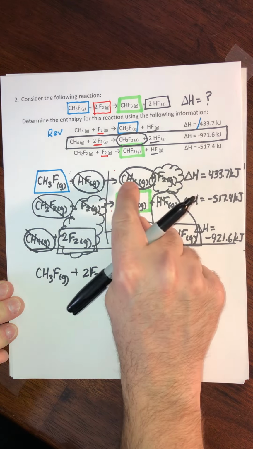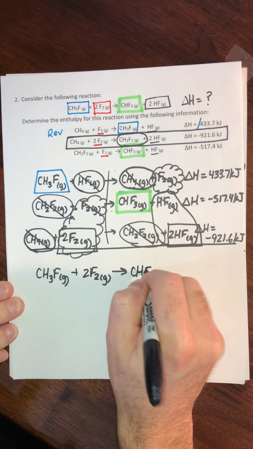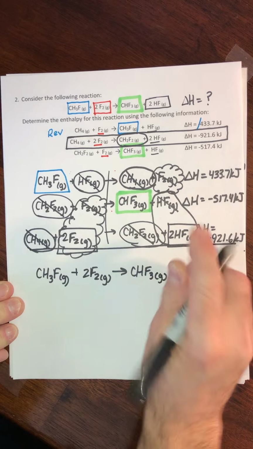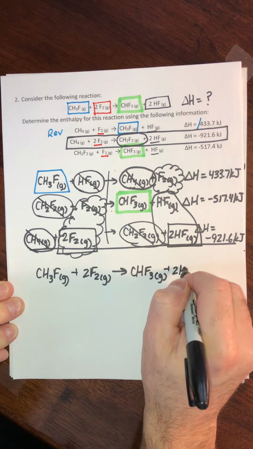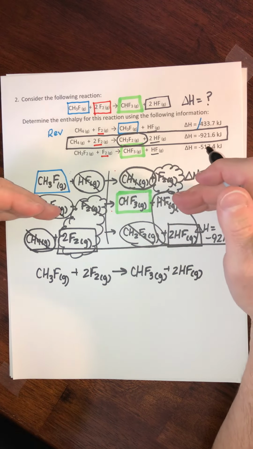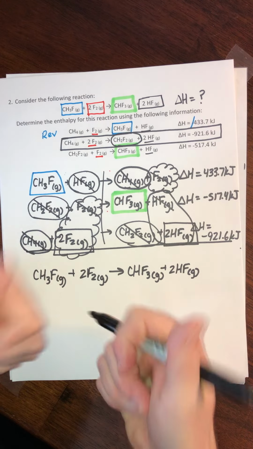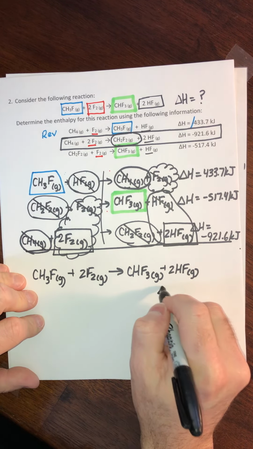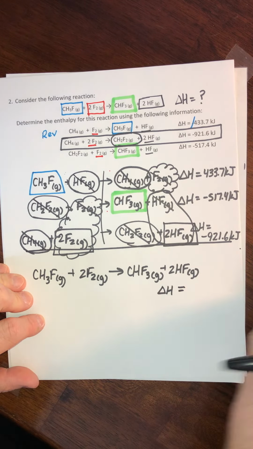And on the product side, canceled, canceled, you have this, CHF3 gas, canceled, canceled, and you have this. So that's 2HF gas. By adding up these 3 equations, I have obtained my target equation. Excellent. And if you can add your equations to get the target, then you can add up your delta H's.